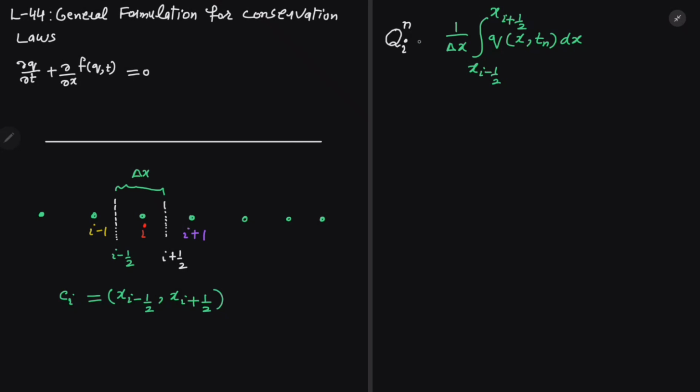This will not be exactly equal, but it will be an approximated value over this interval. Since I will use the interval x_{i-1/2} to x_{i+1/2}, I introduce C_i over the integration. So Q_i^n is approximately equal to 1 over delta x times the integral over C_i of q(x, t_n) dx.